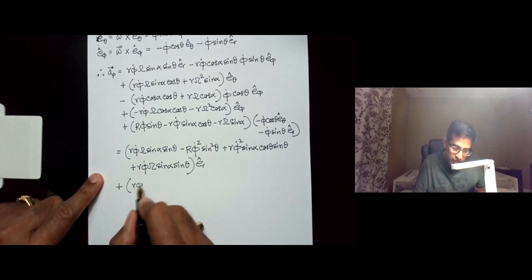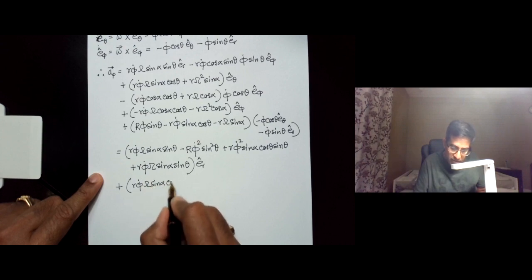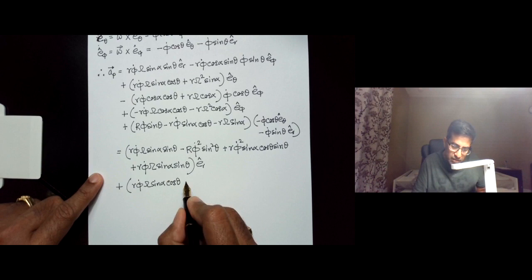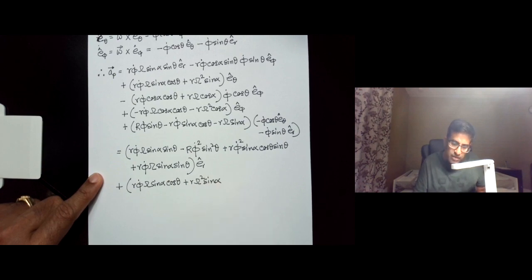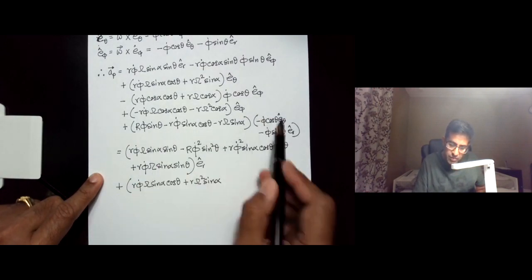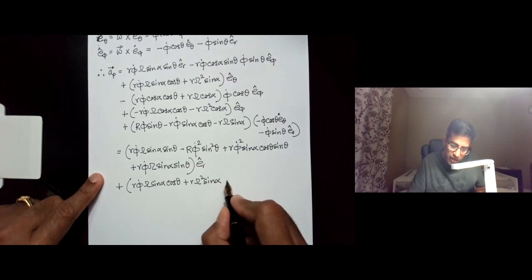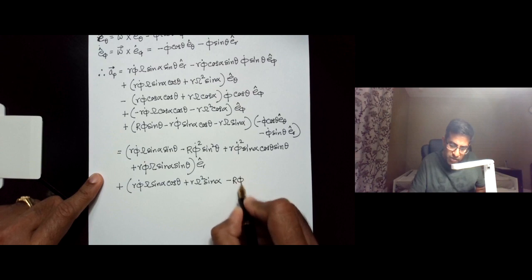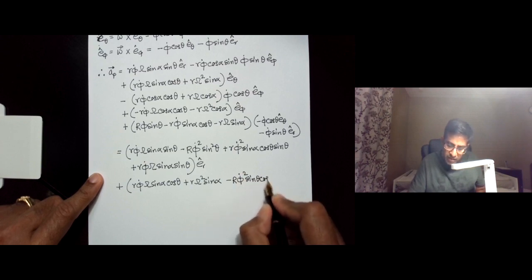So r phi dot capital omega sine alpha cosine theta plus r capital omega squared sine alpha, that has e theta. And then we'll have e theta coming from these three terms multiplied by negative phi dot cosine theta. So we are going to have minus r phi dot squared sine theta cosine theta.